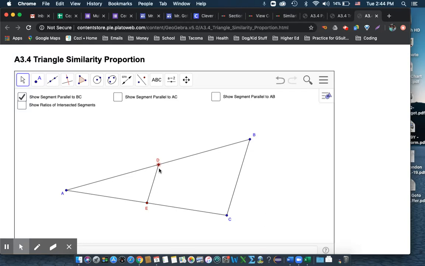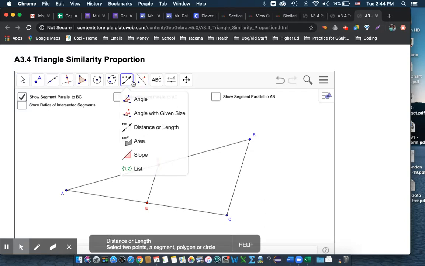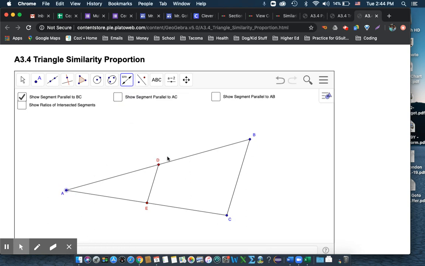Notice that the line is staying parallel to BC. What they're going to ask you to do is find some dimension lengths. To find dimension lengths, I click on this tool, go to distance or length: A to D, D to B, A to E, and so on. If these are similar and these lines are parallel, then the ratios I create should be equal.